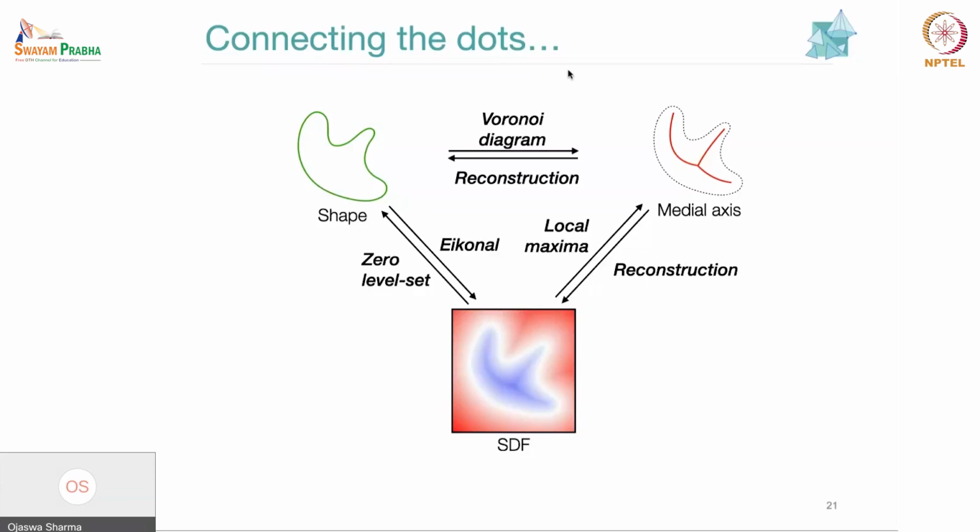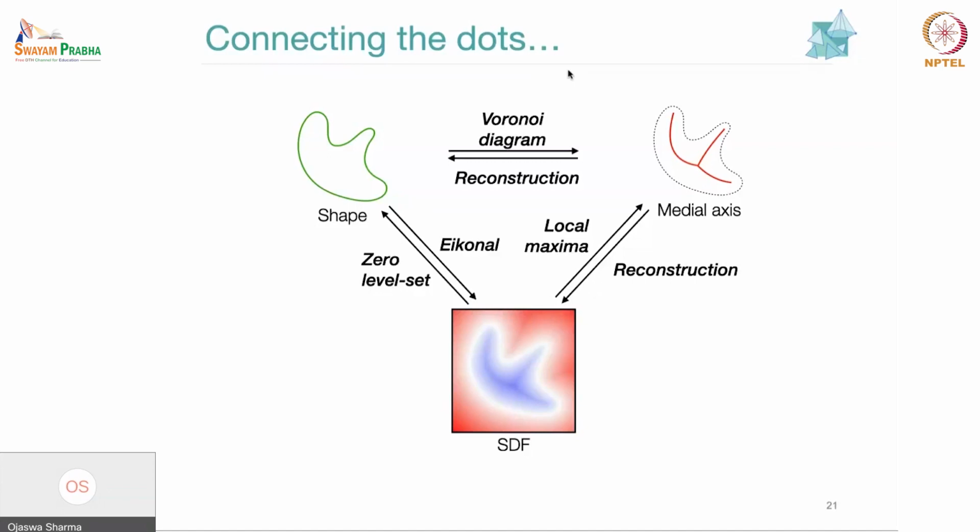So you connect the highest point of this mountain, and that is precisely the medial axis, right? And you can, of course, construct the SDF given its medial axis. Again, you need to know the ball radius, and that would help you recover its SDF.